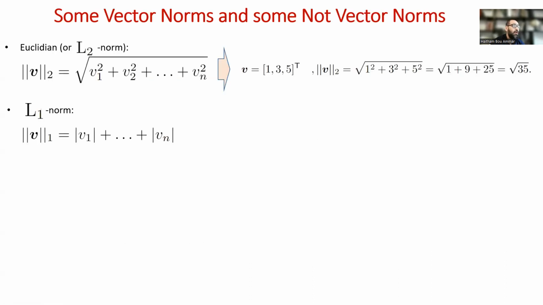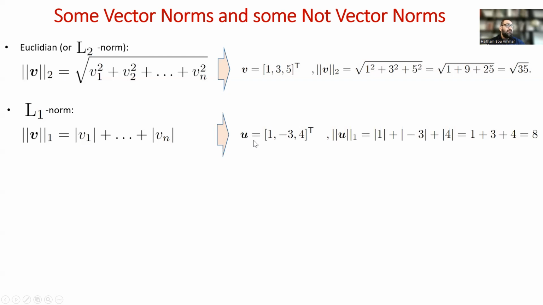We can also define another form of a norm, which is called the L1 norm. The notation is a double bar, vector v, a double bar, and then 1, to say it's an L1 norm. This was the L2 norm, or Euclidean norm. The L1 norm is just the sum of the absolute values of the components.